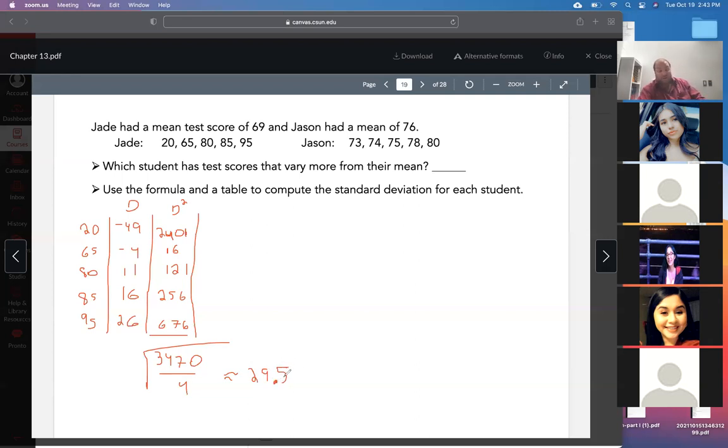Okay, now let's do the same thing for Jason. We have our 5 data points: 73, 74, 75, 78, and 80. Just by looking at it, I can tell these numbers are more closely packed than they were before.